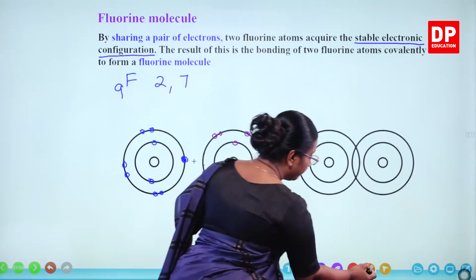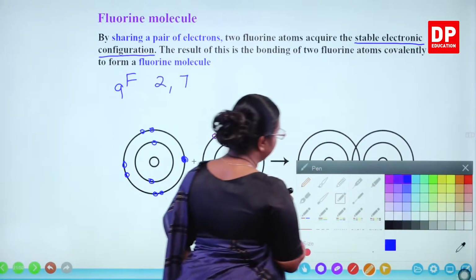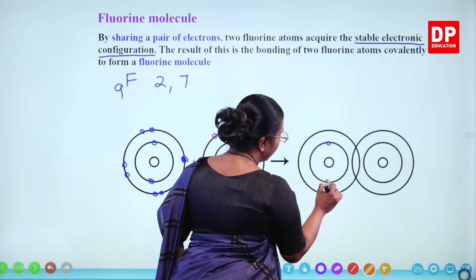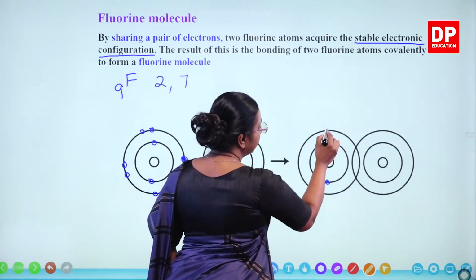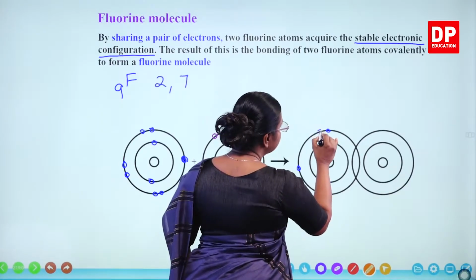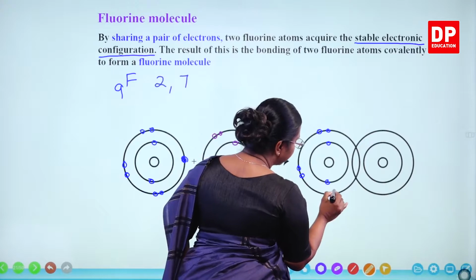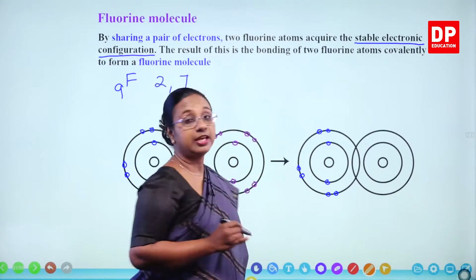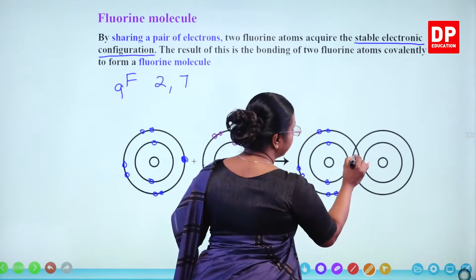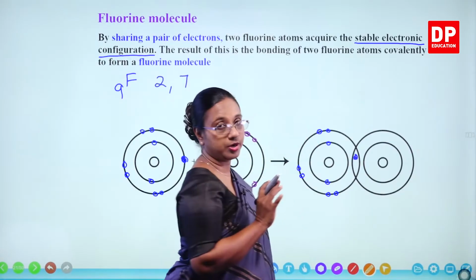So here, if we denote the electrons again, now in this first fluorine, there are 2 electrons in the first shell, then there are 6 electrons in the second shell that are not involved in bonding. But here, this electron involves in bonding.